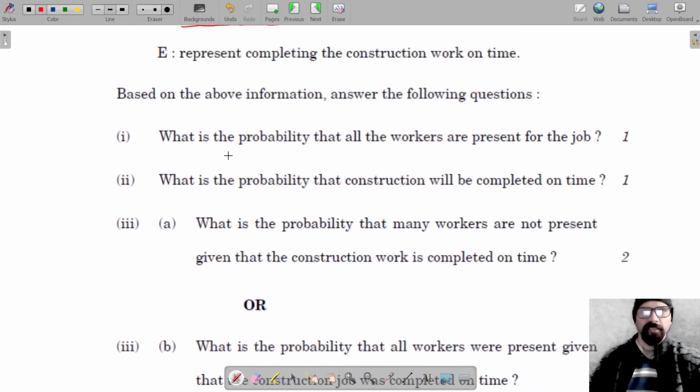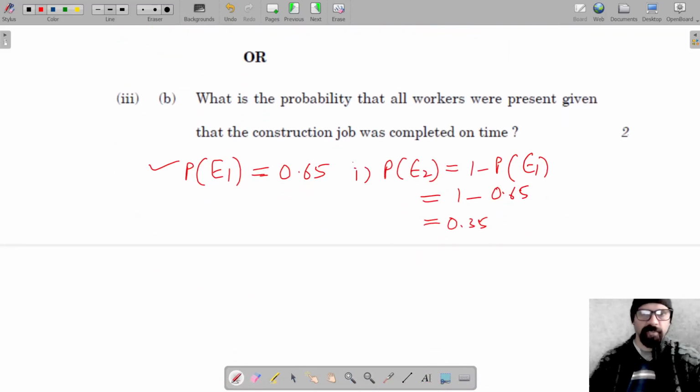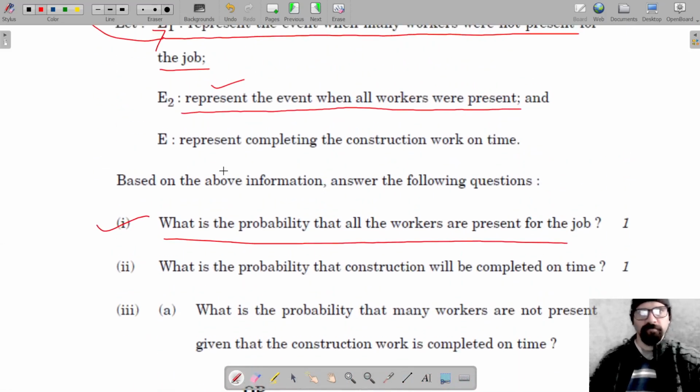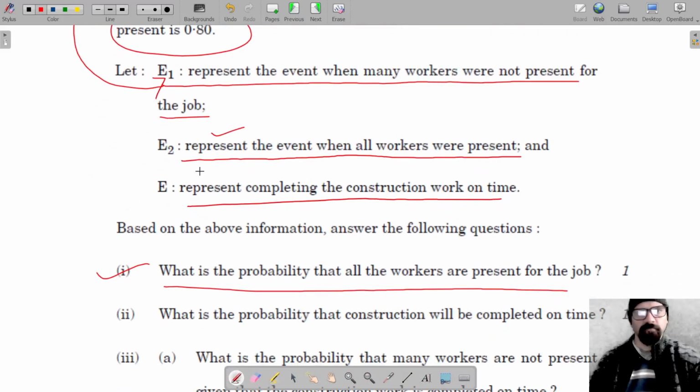And that is what is asked in the question, what is the probability that all the workers were present for the job? So we have got our first part. Now let's read further. E represents completing the construction work on time, and the probability that construction work will be completed on time when all the workers are present is 0.80.